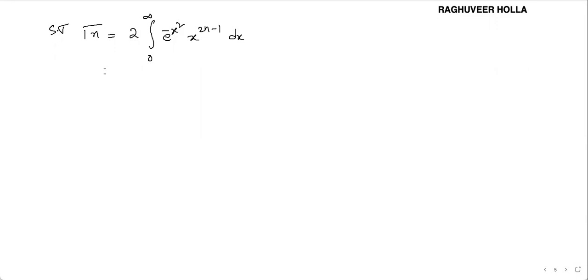Again, we know the gamma function definition, that is gamma n is equal to the integral 0 to infinity e to the power of minus x, x to the power of n minus 1 dx, right?